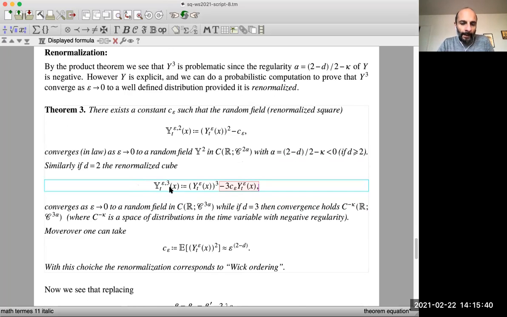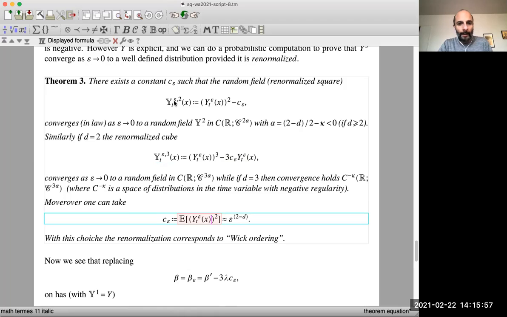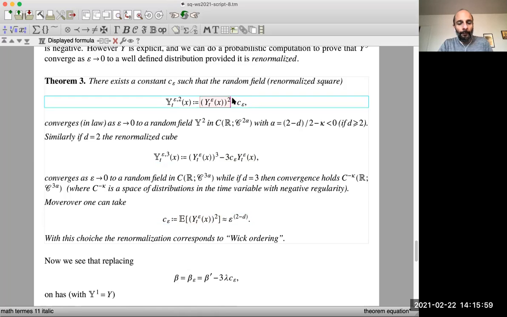It's not well defined as a function in time, that is, you cannot evaluate it at a given time. But again, if you look at it more weakly, like a distribution also in time, then it will be well defined. And this constant can be chosen to be the average of Y. So you see, you subtract from the square its average, and then it's well defined.